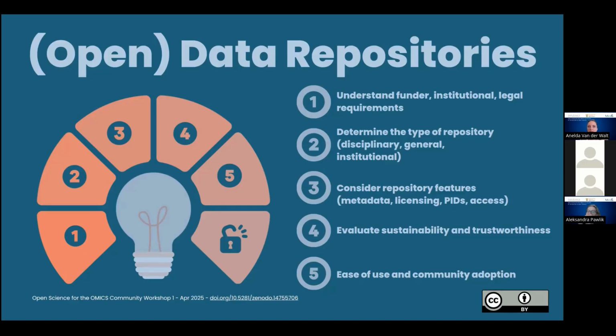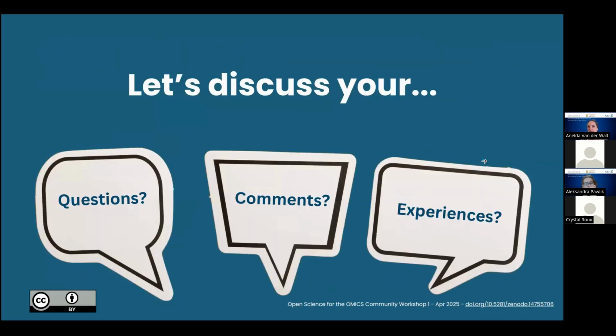And I know that Omics is also adopting the mantra of as open as possible, as closed as necessary, to make sure that if you have sensitive data, that you don't expose your participants, or if you are working with, say, for example, a highly endangered species or something more in the conservation area, that cannot just be shared publicly without some form of access restriction. That still counts as open data if you have got your metadata available. That is, in a very, very small nutshell, open data.